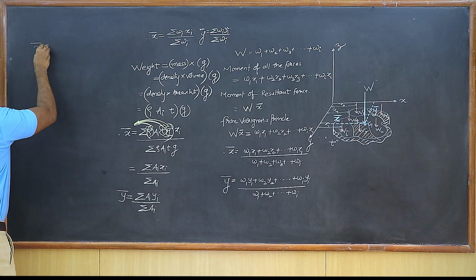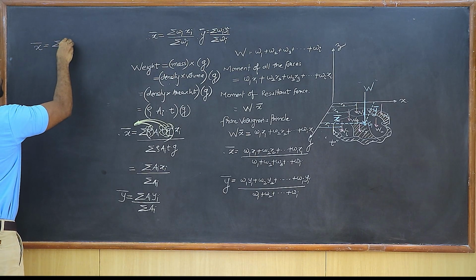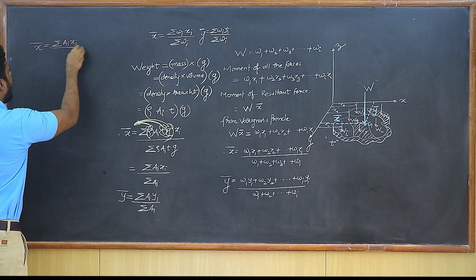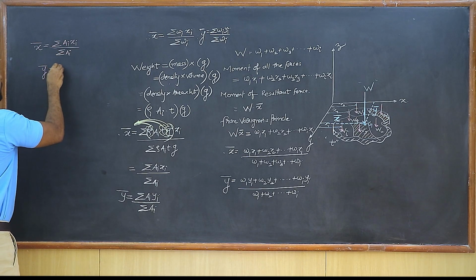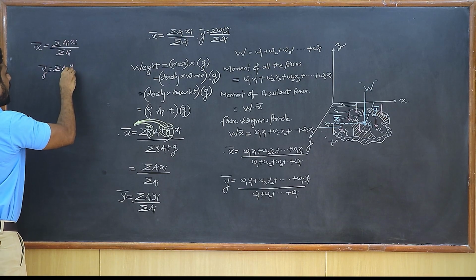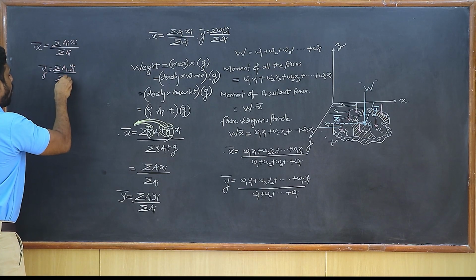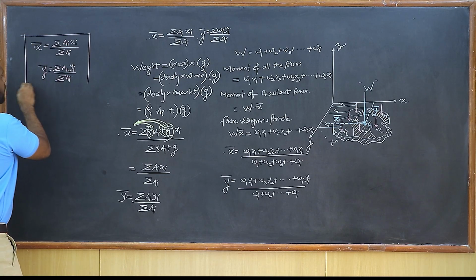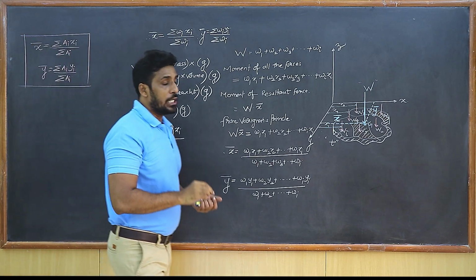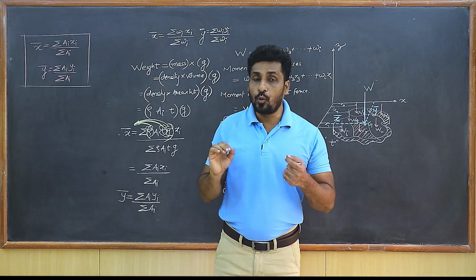X bar is going to be summation of Ai into Xi upon summation of Ai, and students, Y bar is going to be summation of Ai into Yi upon summation of Ai. These are the two formulas for finding the centroid of a composite body.